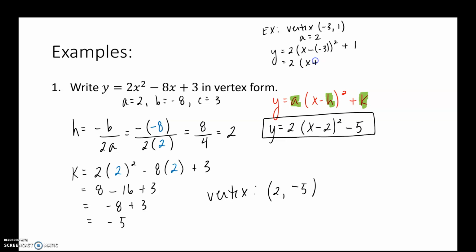Minus and negative becomes addition. So when you write in vertex form, inside the parentheses is always the opposite sign of what the vertex is. If the vertex has a negative x value, in the equation it would be written as a plus sign. In this example, the x-coordinate of the vertex is positive, so in my equation I write it with a minus sign.